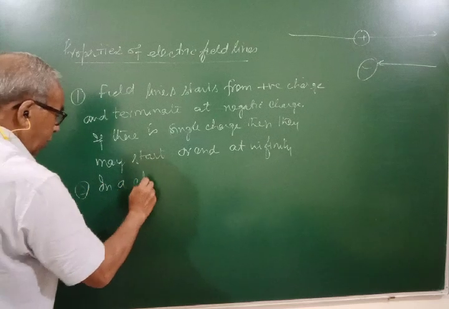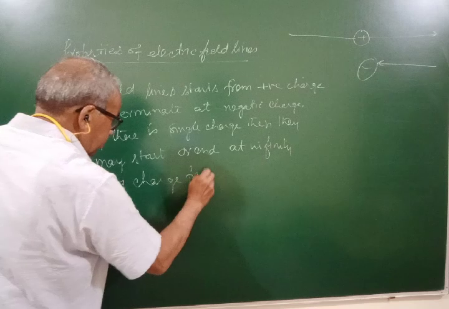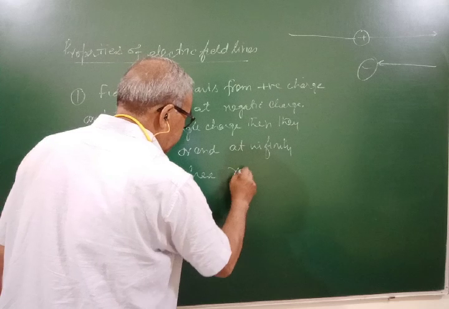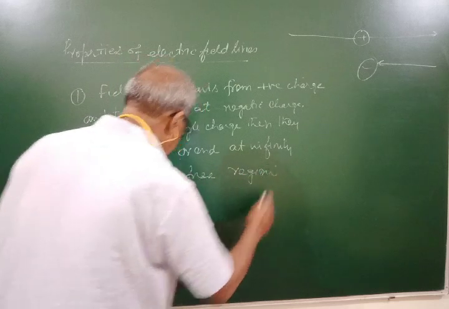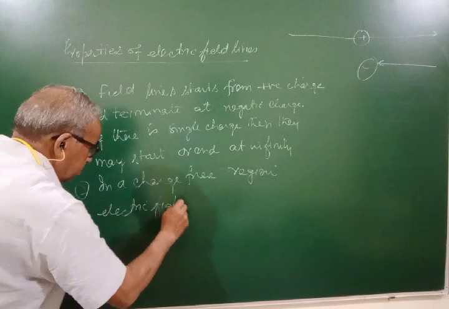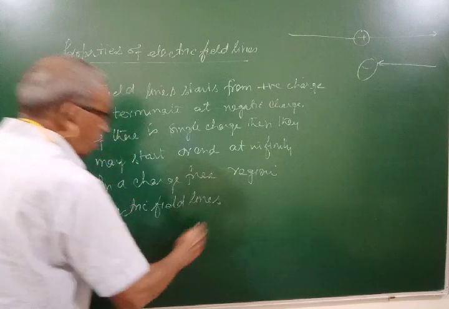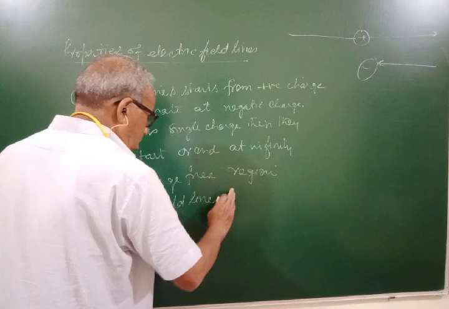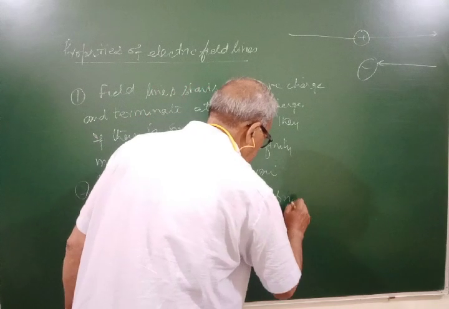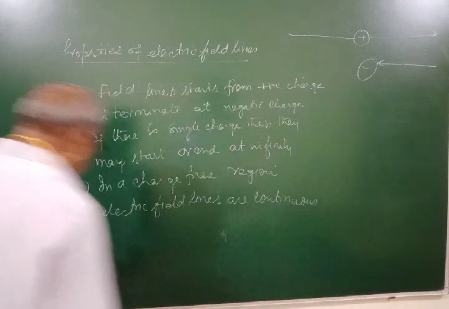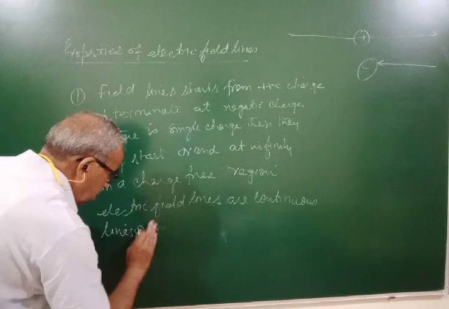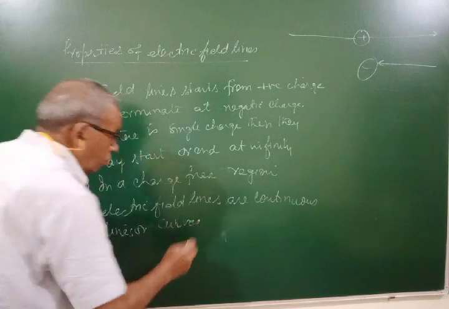Number 2. In a charge-free region, electric field lines are continuous lines or curves without break.